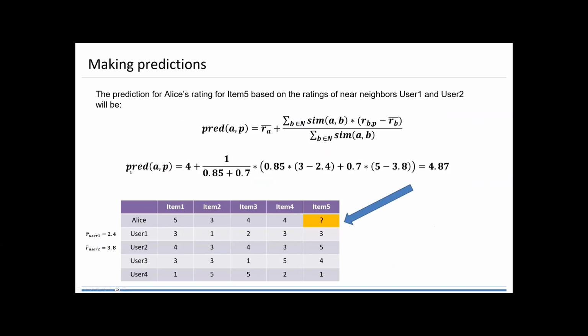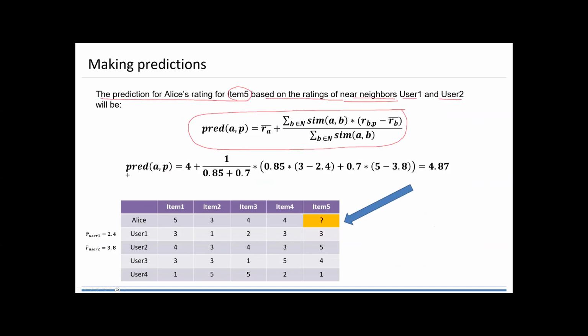So let's say I'm considering that user 1 and user 2 will be the near neighbors. The prediction of Alice's rating for item 5 is based on the ratings of the near neighbors, user 1 and user 2, so we are using this formula.